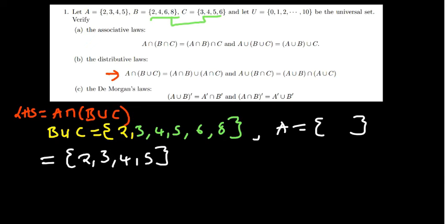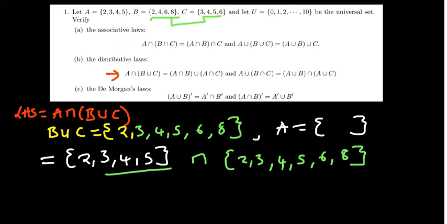Now intersection with B union C, which is 2, 3, 4, 5, 6, and 8. We need to find the intersection. What are the common elements? There are 4 common elements, 2, 3, 4, 5. You can take note of that.